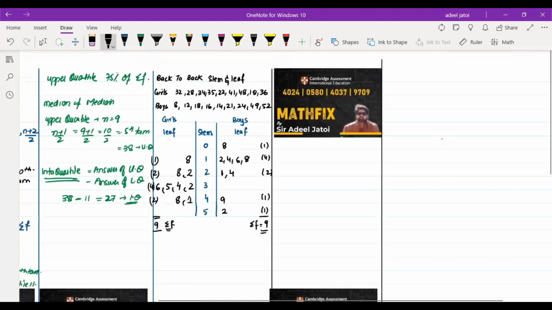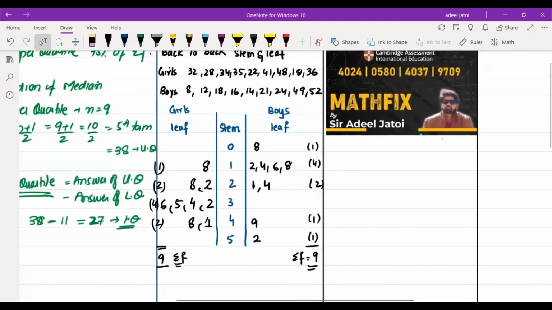So this is your back-to-back stem and leaf diagram. When you have back-to-back stem and leaf for both data sets, you can be asked to find the median, the upper quartile, the lower quartile, or the interquartile range.